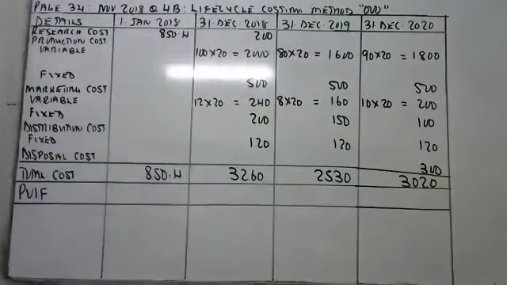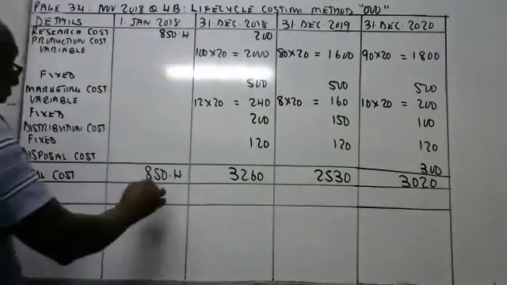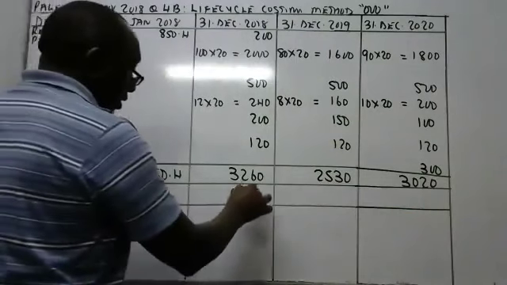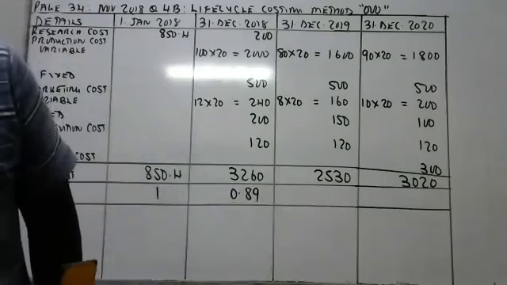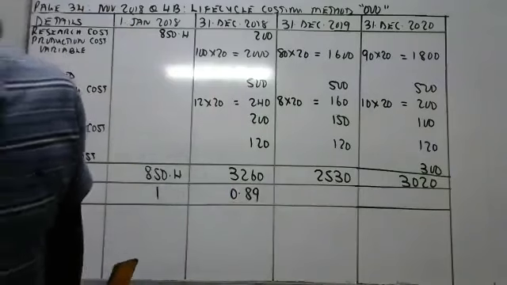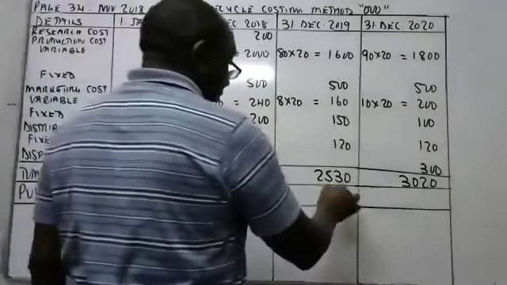The PVIF, we have 1, we have 0.89, we have 0.871.